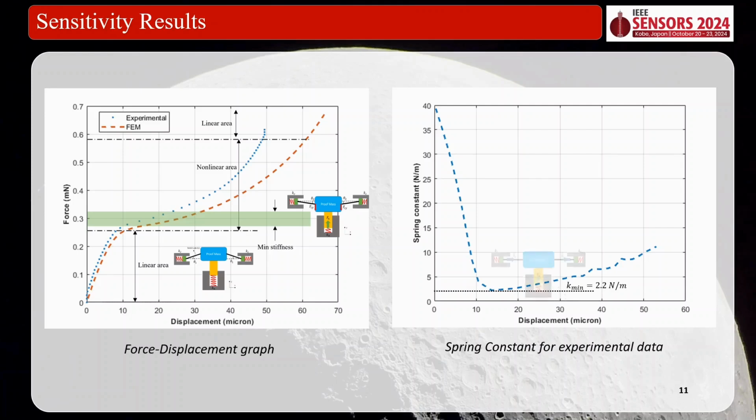Also this figure shows the drop in K, or stiffness, as we pull down the proof mass.